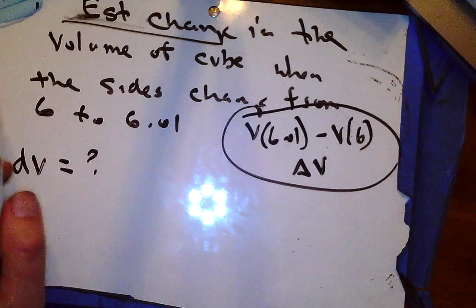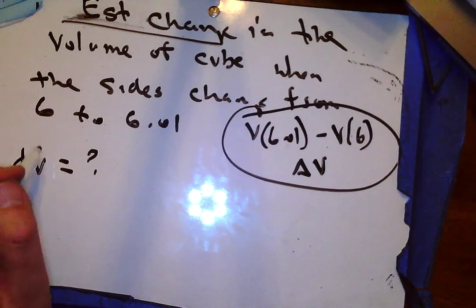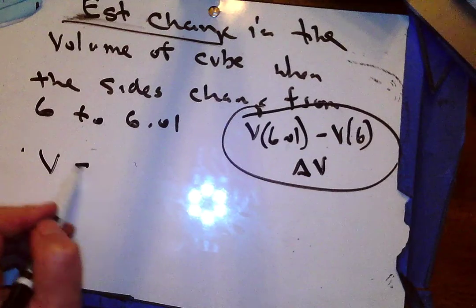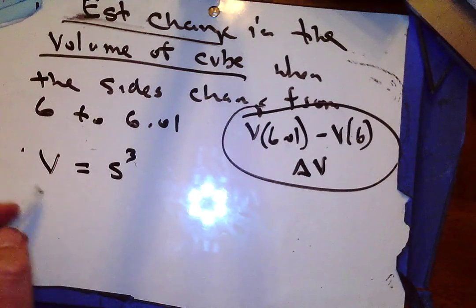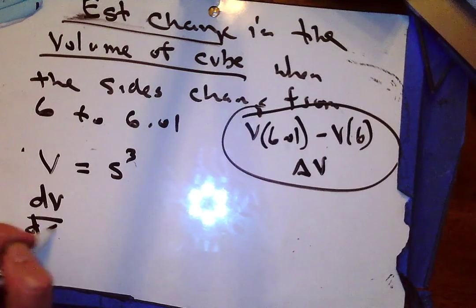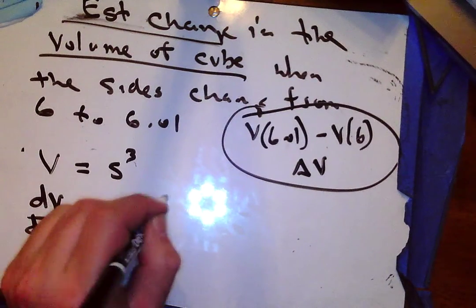Hey, welcome back. So we're looking for dv, and we know since v equals side length cubed, the volume of a cube formula, that dv/ds is going to be 3s squared.